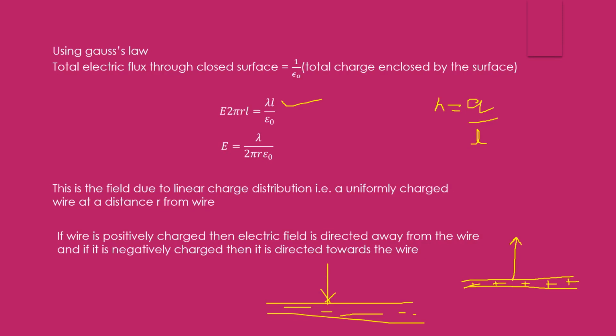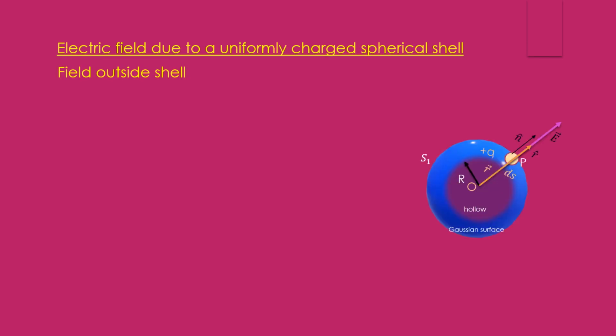Now electric field due to a uniformly charged spherical shell. If a positive charge is uniformly distributed on the surface of a shell which is hollow from inside, let this be a hollow spherical shell and a positive charge is distributed over its surface, and let this total charge be equal to plus q, and its radius is r.